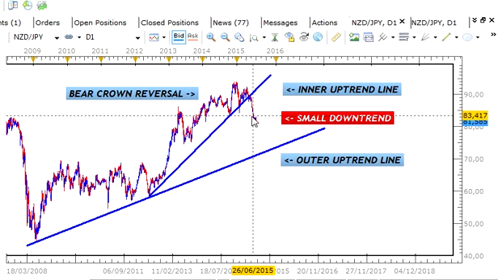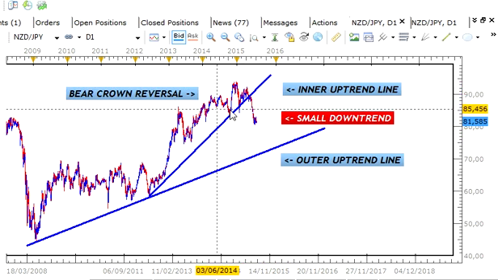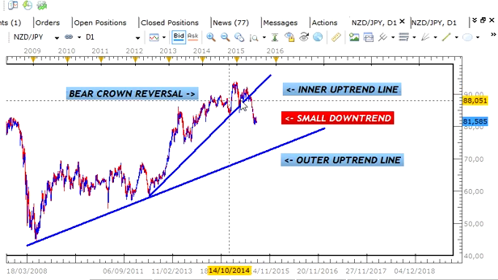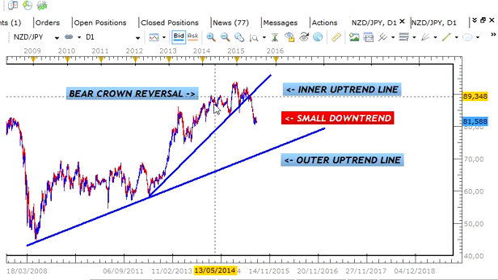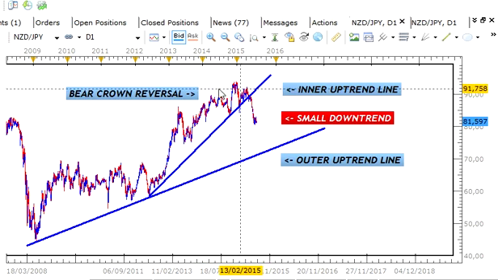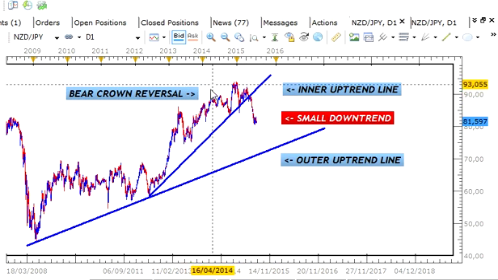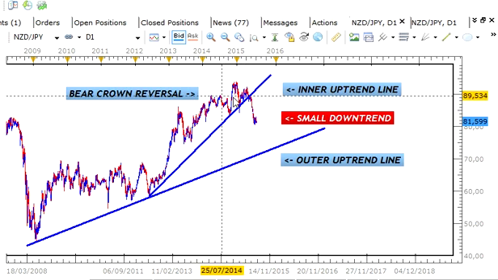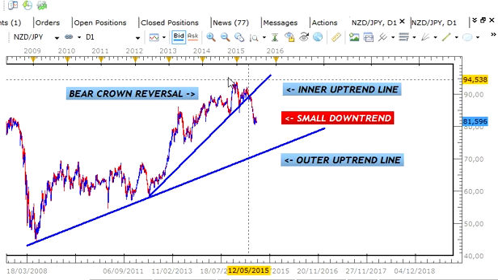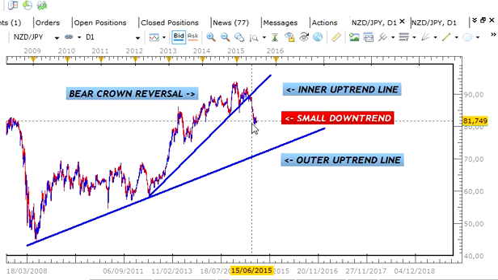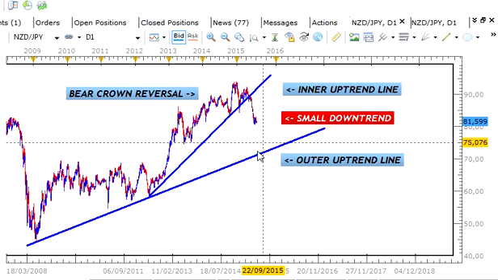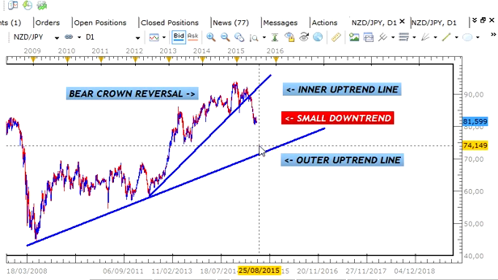This is all the more likely if the setup that led to the breakout of the inner trend line is as strong as this formation here. Naturally, the larger the time frame and the larger the setup, the more significant and reliable is the breakout and the expectation that it will head towards this outer trend line.